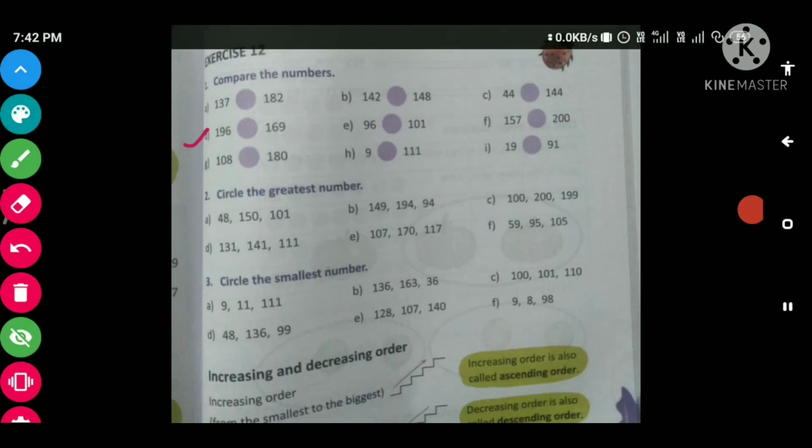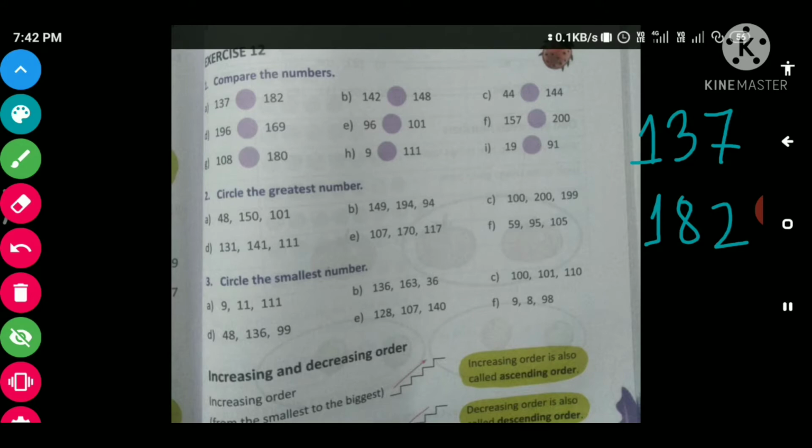We'll write 137 and 182. Now we'll apply the first rule. We'll see the digits. In both numbers they have 3 digits, right? So by the first rule, we can't say which number is the bigger one.